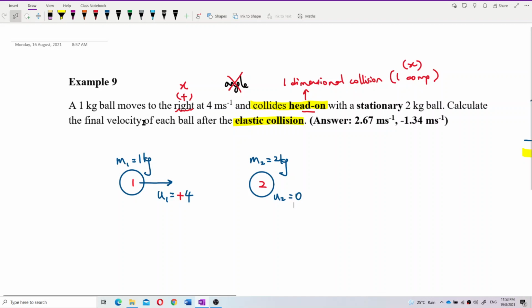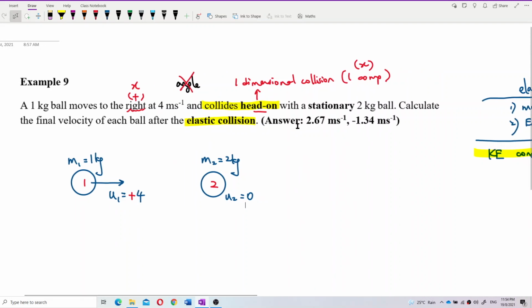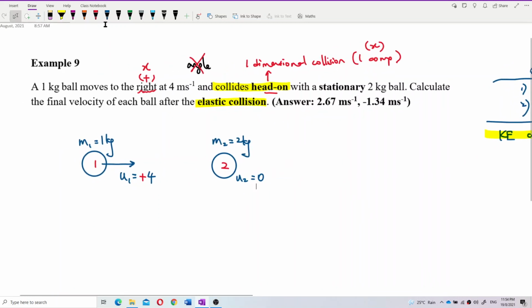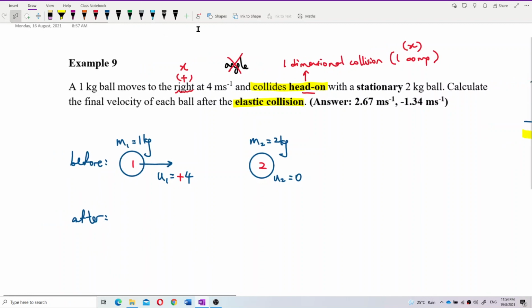Now, what is the final velocity of each ball after the elastic collision? This is before the collision. What happened after? We don't know exactly how they move.